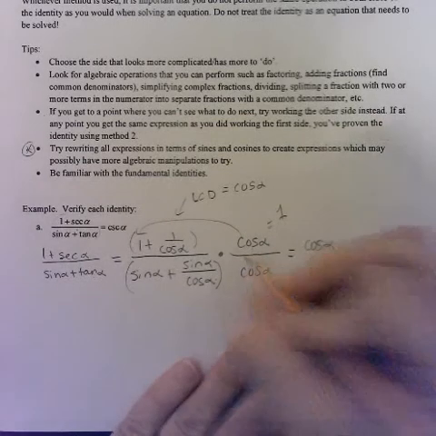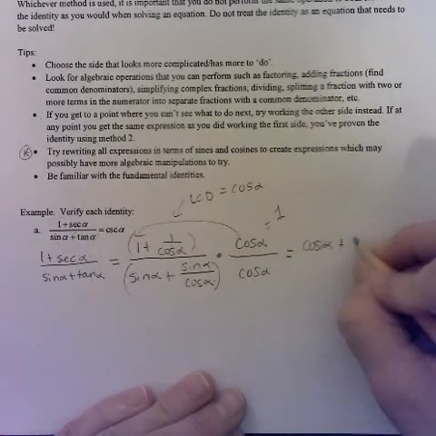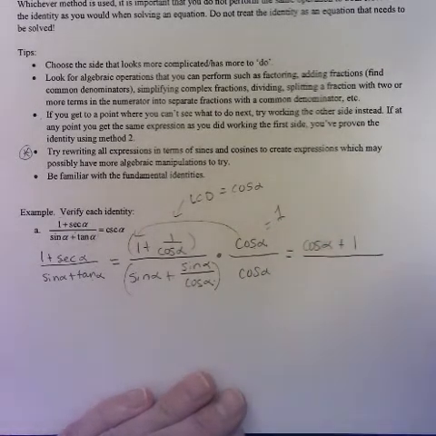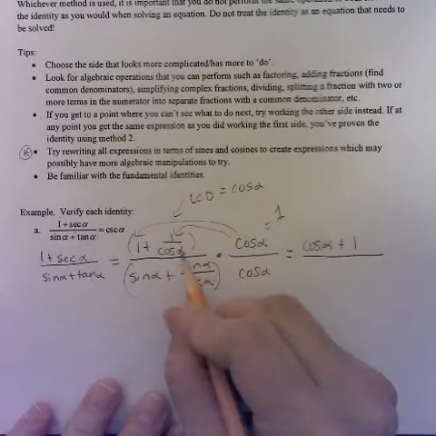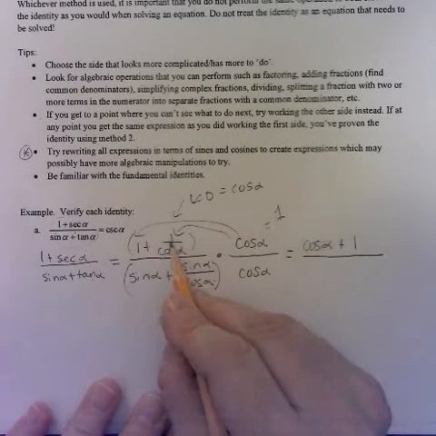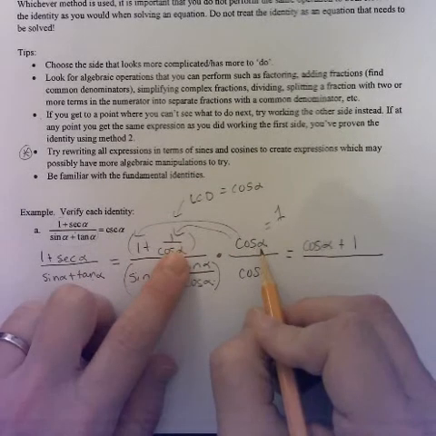And then plus 1 over cosine alpha times cosine alpha is 1. Right, so make sure you're distributing, taking it times all terms. It doesn't just cancel here and you get 1 plus 1 equals 2. That would be incorrect. You're distributing.